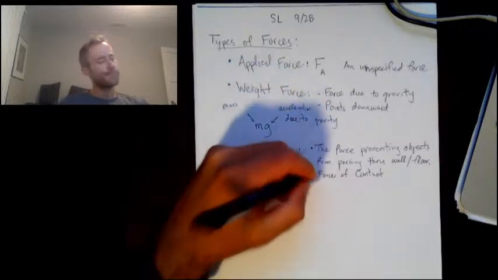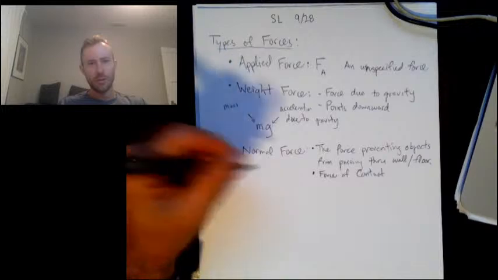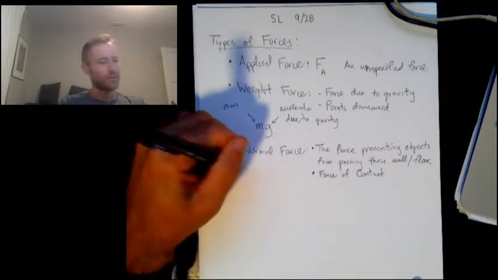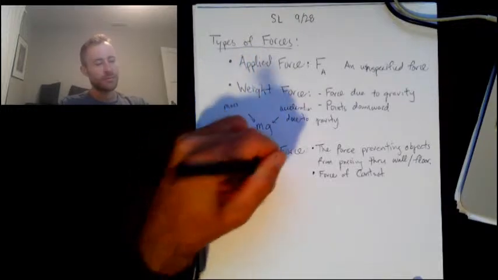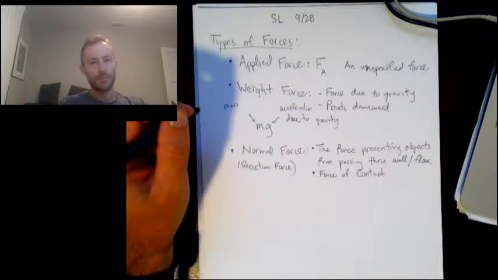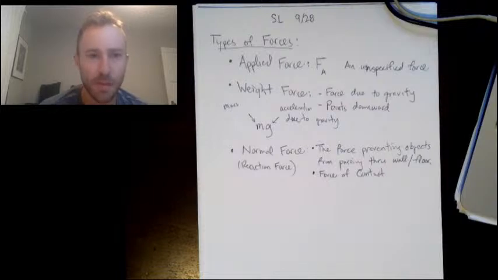A couple points. In the IB exam, they call the normal force the reaction force. I don't know why. The thing about the IB exam is that they like to take a lot of unique perspectives, I think to sort of be different.